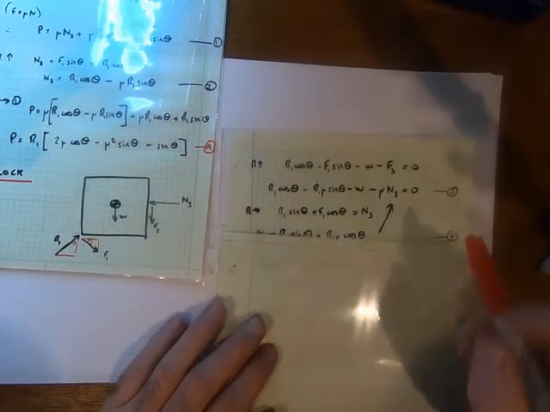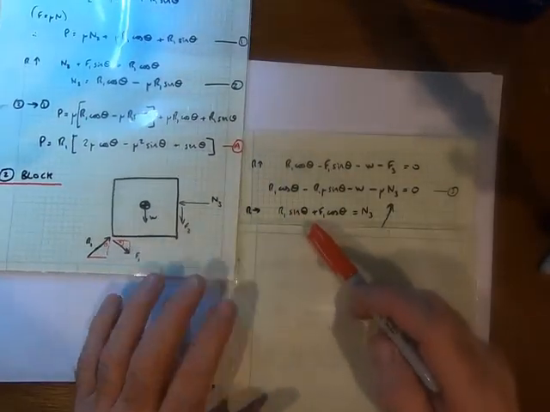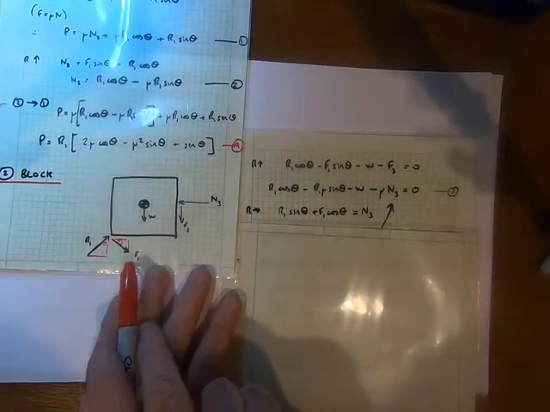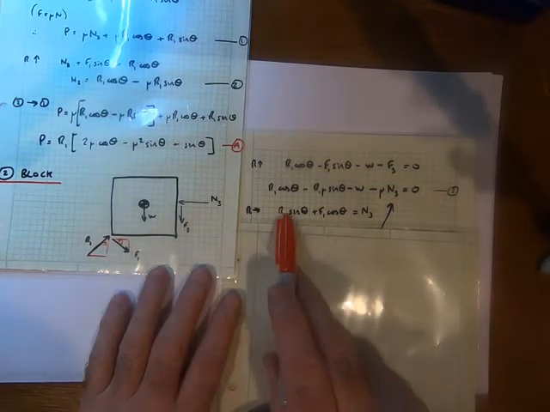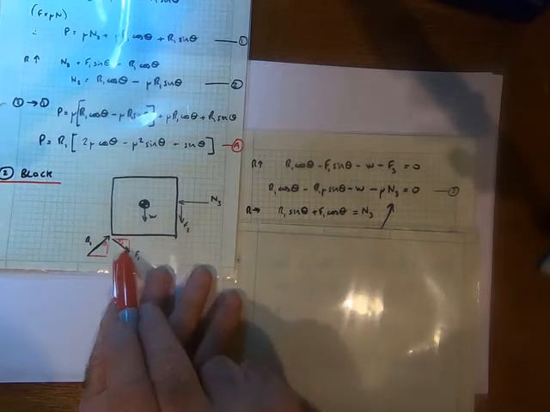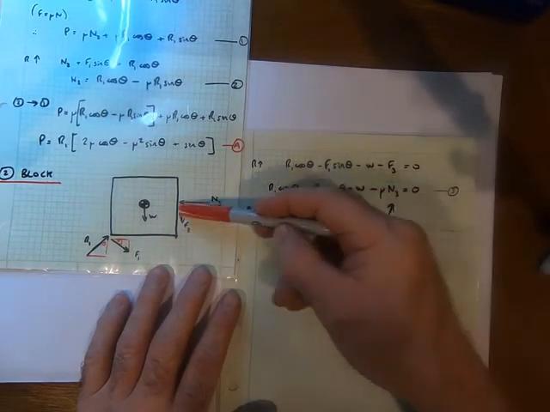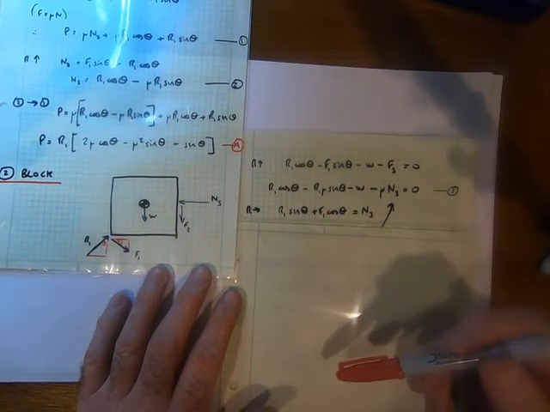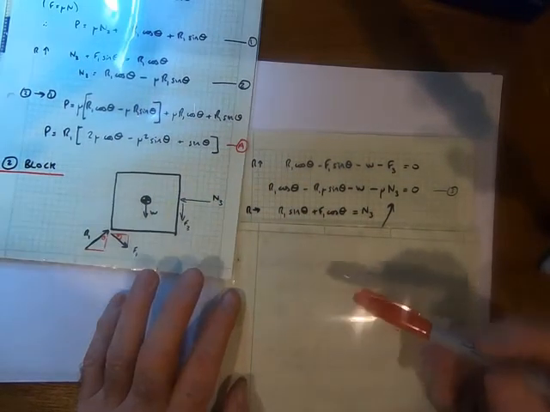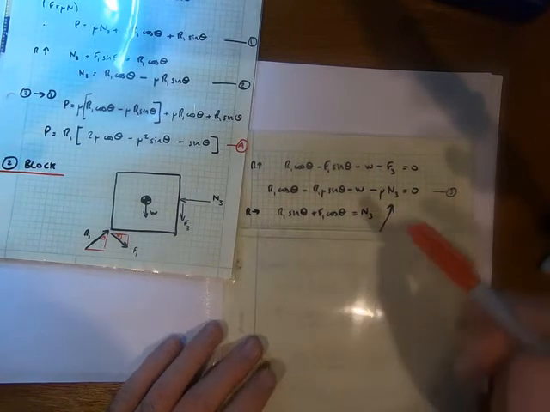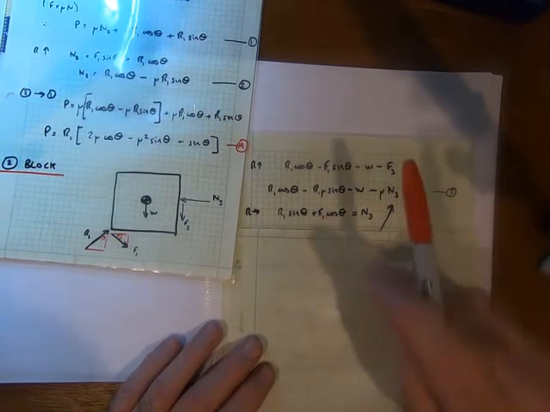And then I'm going to resolve horizontally. So again, looking at our sketch, horizontally I'm going to have R1 sine theta acting to the right, plus the F1 cos theta acting to the right, is equal to the only other force there is, the N3 acting from right to left. So again, with this one, we can eliminate the friction force with mu.